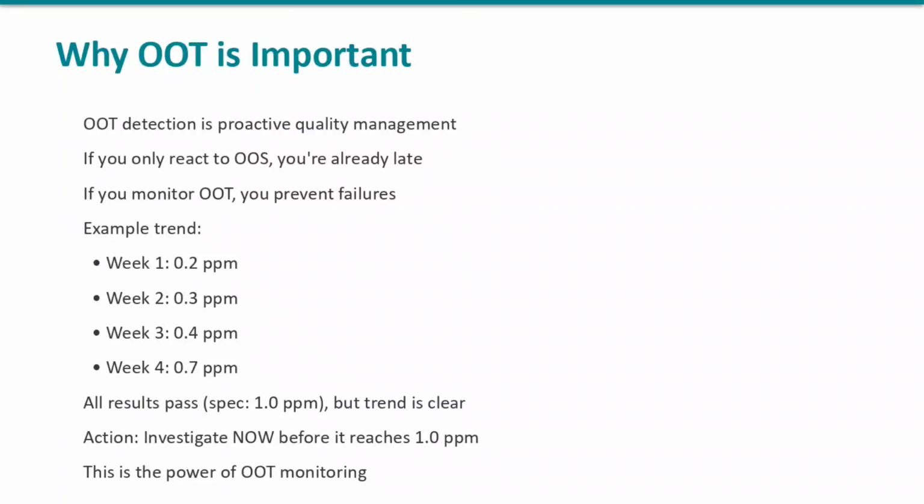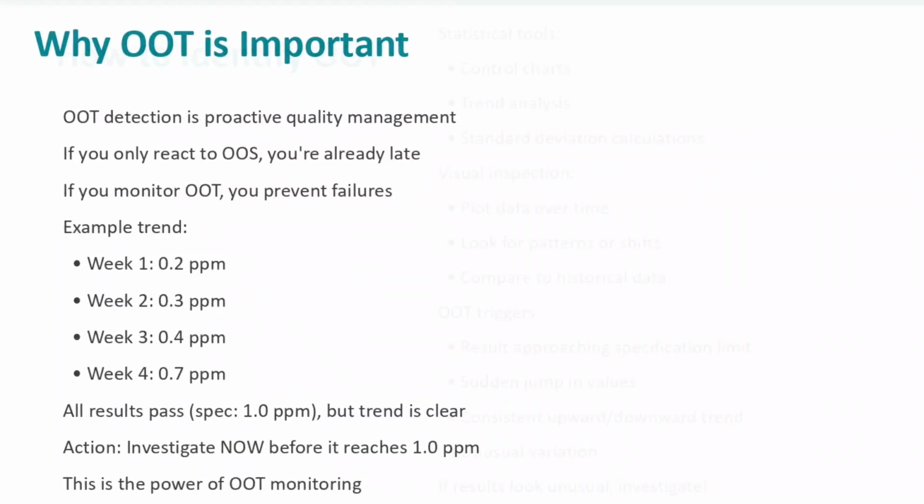Week 3 is 0.4 parts per million. Week 4 is 0.7 parts per million. Specification is 1.0 parts per million. All results pass. But the trend is clear, something is changing. Action is investigate now before it reaches 1.0 parts per million and becomes OOS. This is the power of OOT monitoring.